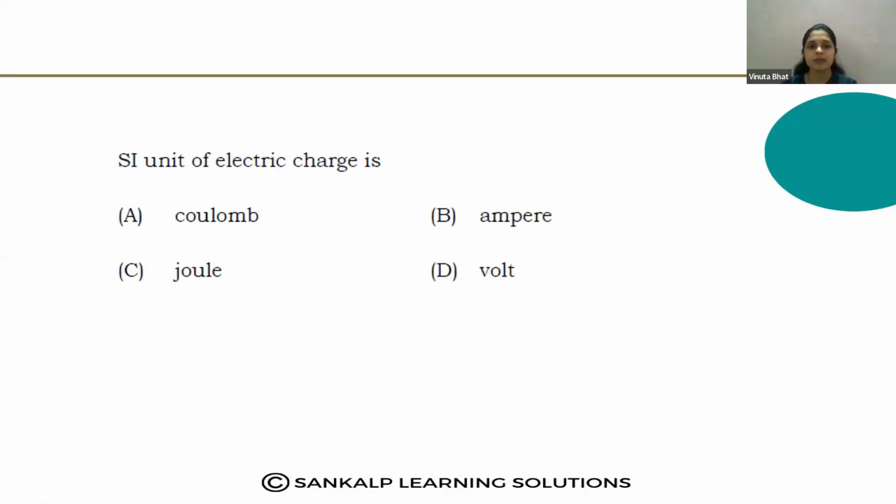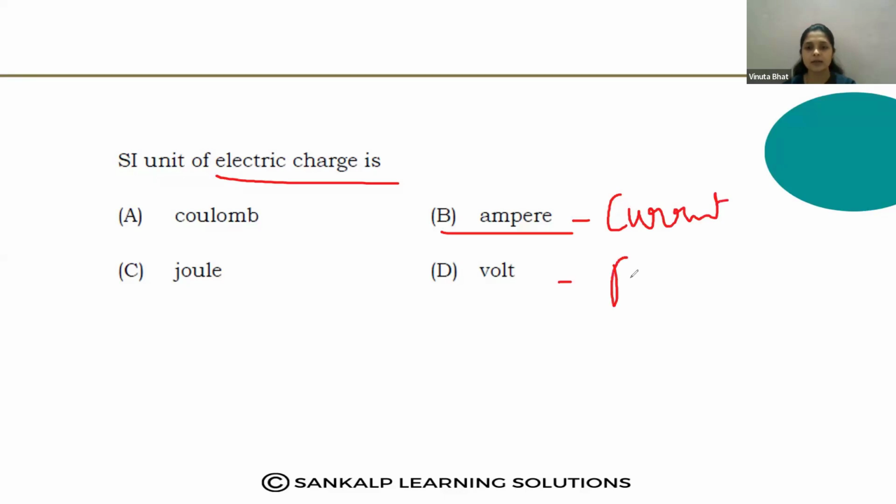Next question. The SI unit of charge is option A coulomb, option B ampere, option C joule, option D volt. Ampere is the SI unit of electric current.